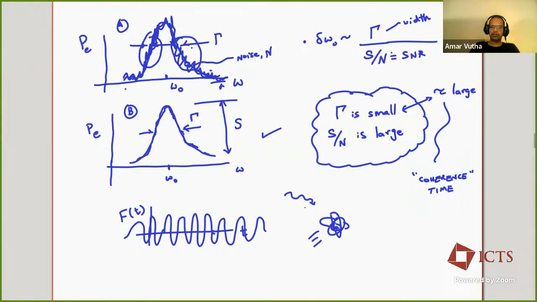And so it only happened to interact with your laser beam for some finite amount of time. So even though you had your laser on for a long time, the amount of time for which the atom actually interacted with the laser was much shorter. And that can also limit your coherence time. Therefore, that can also lead to broadening. And because this has to do with the atoms flying away, this is often called time of flight broadening.